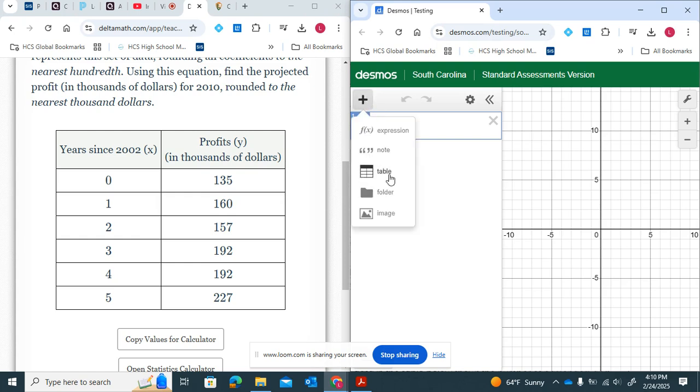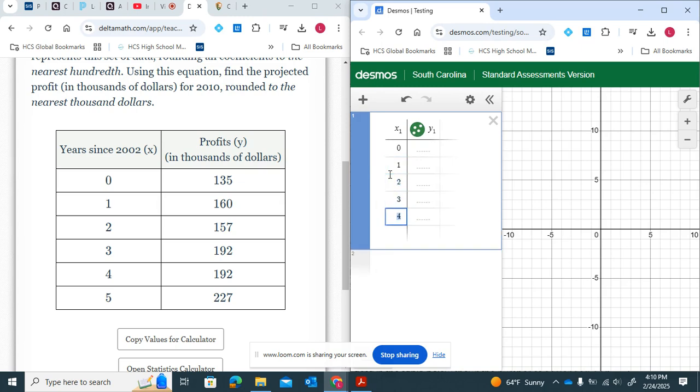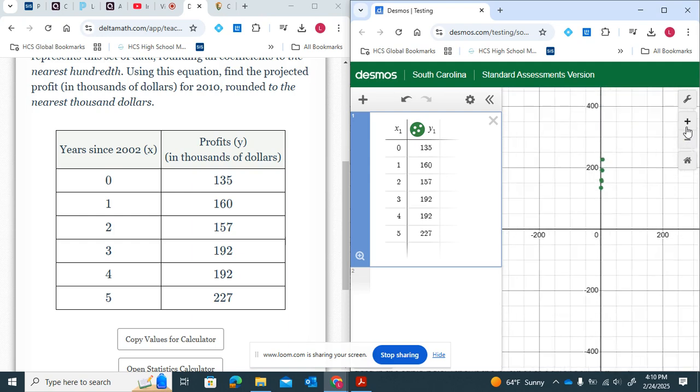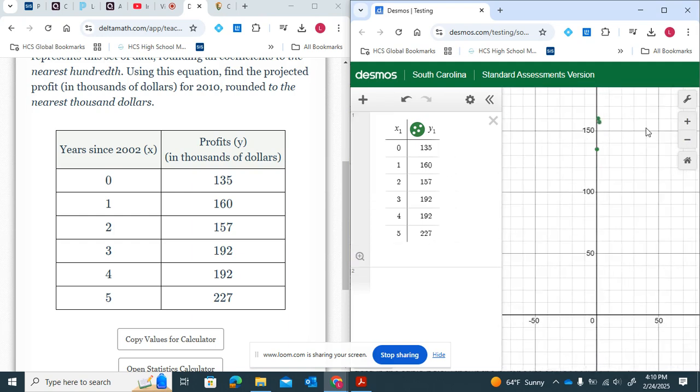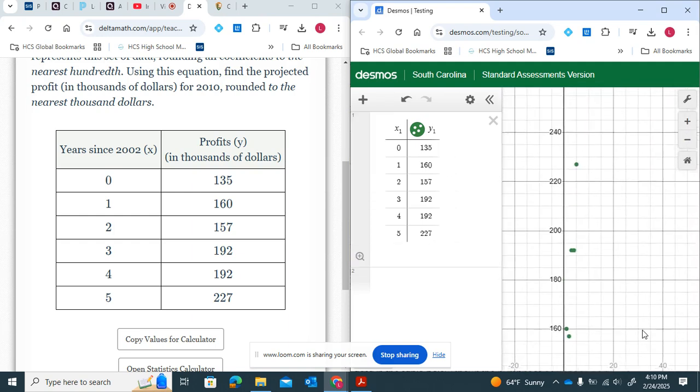So I hit plus, I hit table, and I start typing in 0, 1, go all the way to 5, and then 135, 160, 157, 192, 192, and 227. So I could zoom out, and those are my points, and it looks like it's a positive correlation.